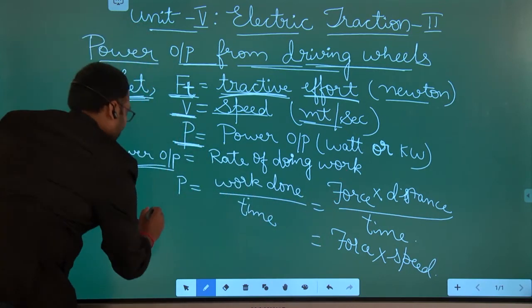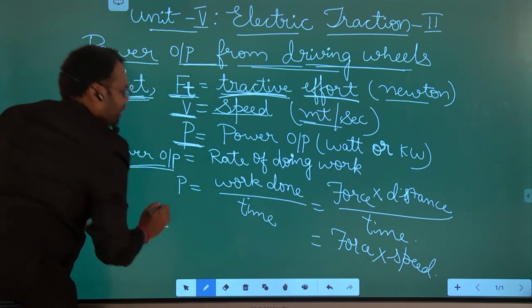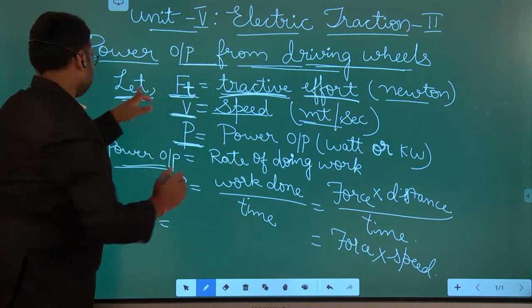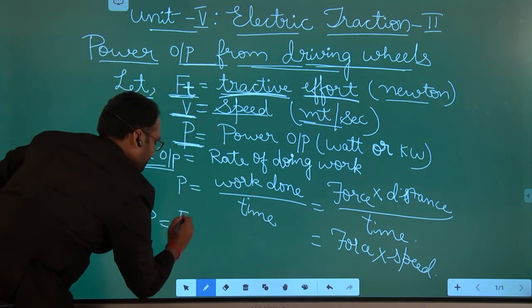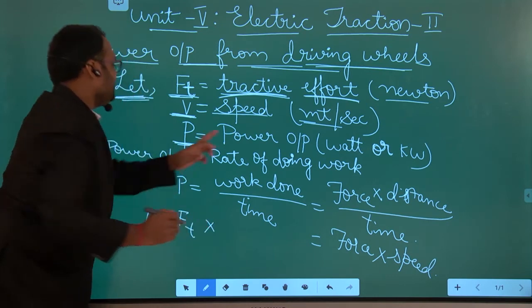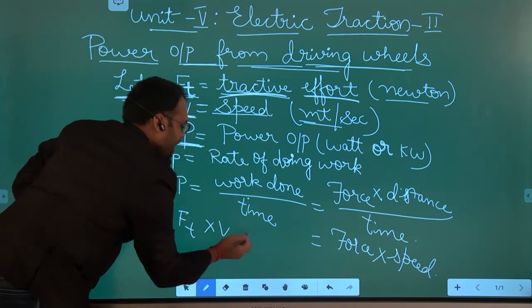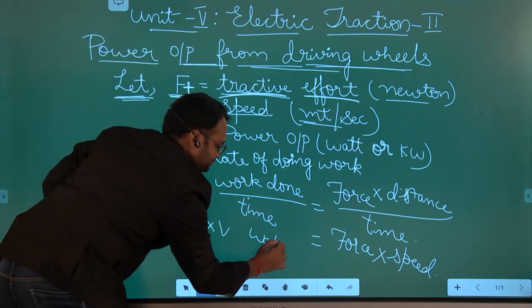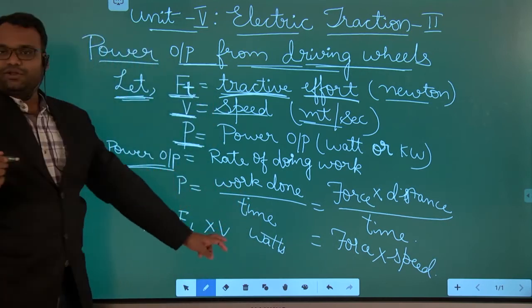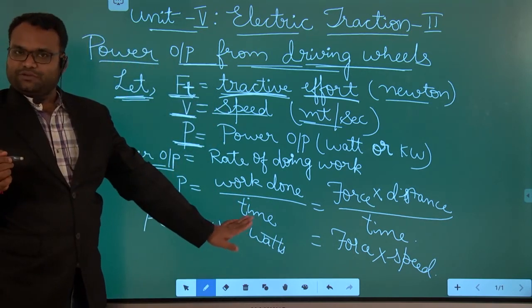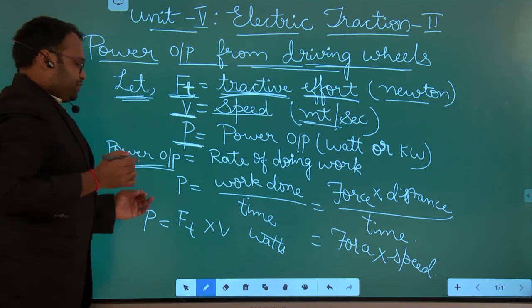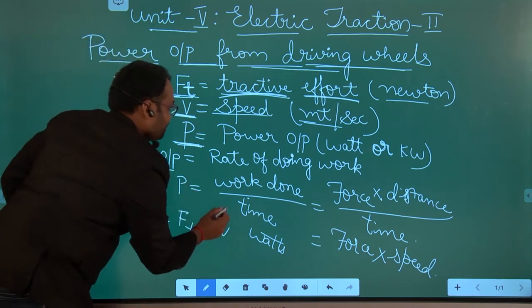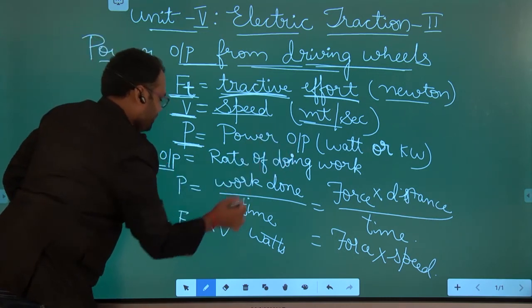So P output is nothing but the force, that is Ft, the tractive force, multiplied by speed, that is V, and units are watts. Right? So this is when V is in meter per second.